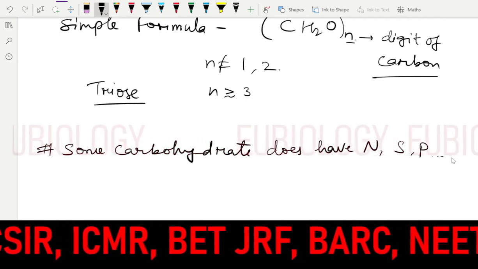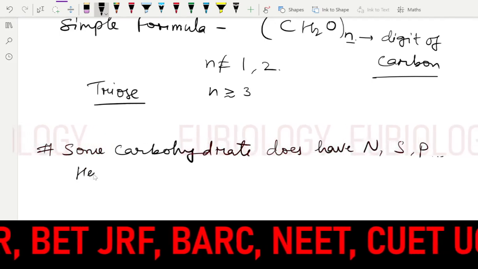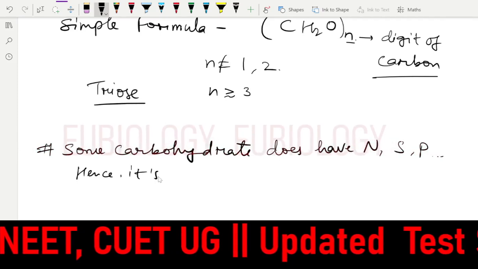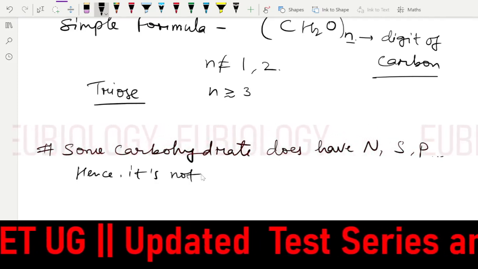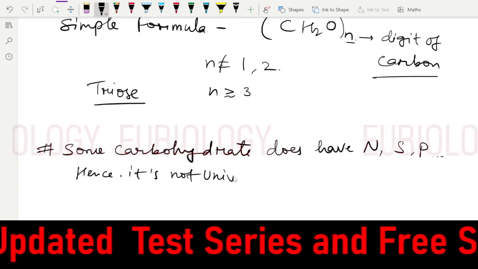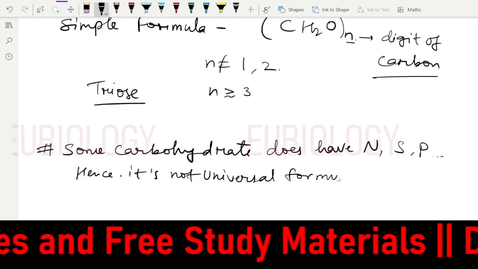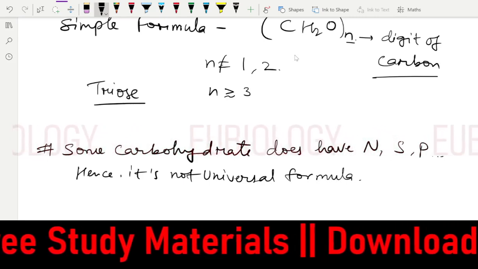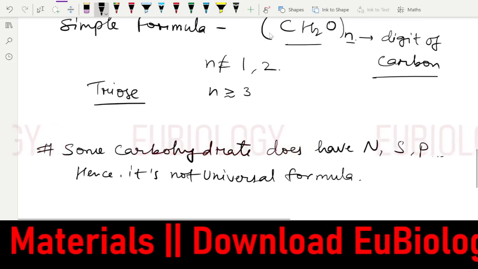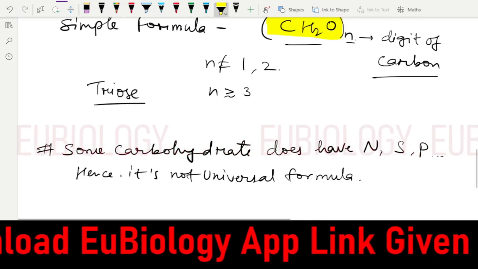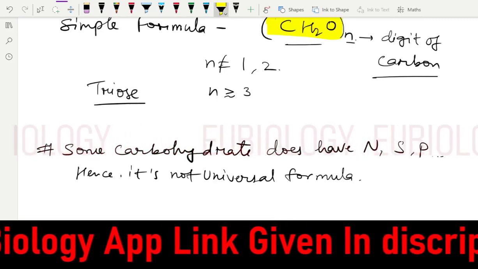Hence it's not a universal formula. This is just a simple formula. We can use it for carbohydrates, but it is not for every carbohydrate. Got it?